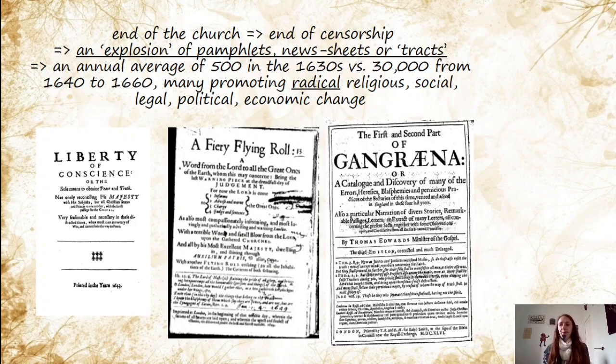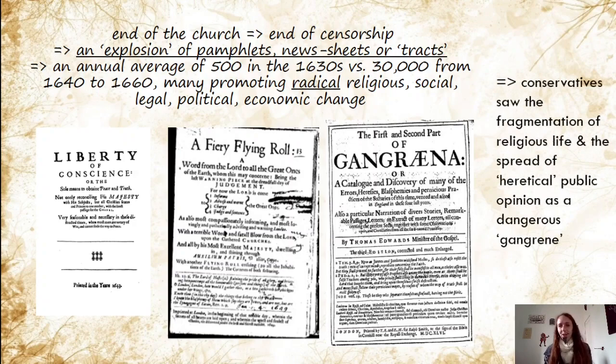But basically you have many tracts, and many of them were promoting religious, social change in a very radical way, political change in a radical way, and economic change in a radical way as well.